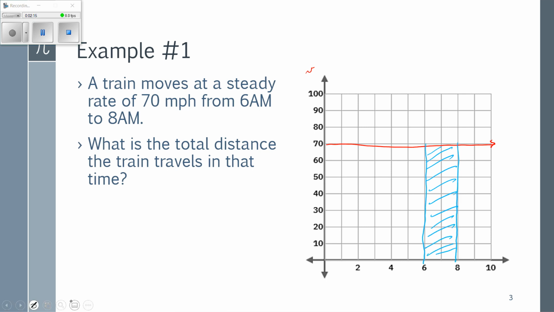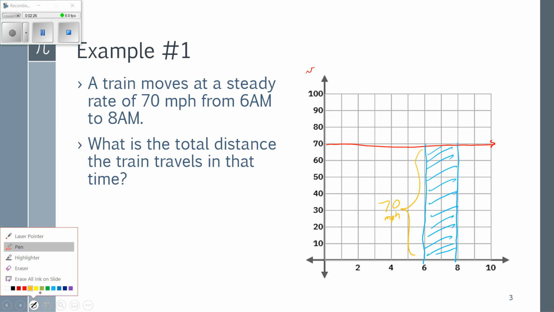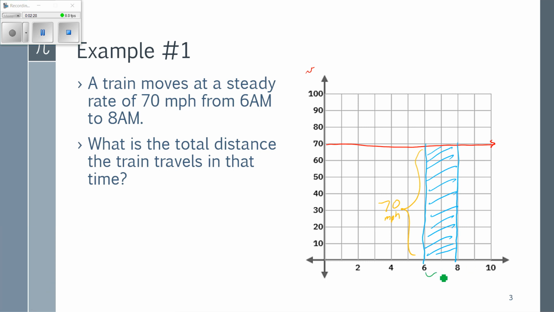And in this rectangle, its height is the 70 miles per hour. And then its width I found by subtracting 8 minus 6 to get the 2 hours.